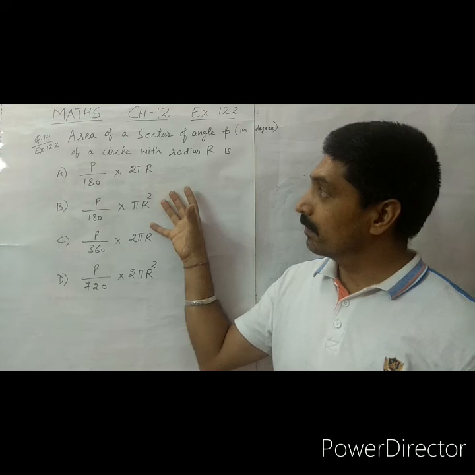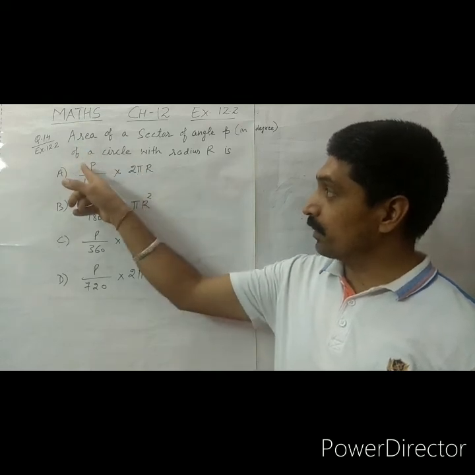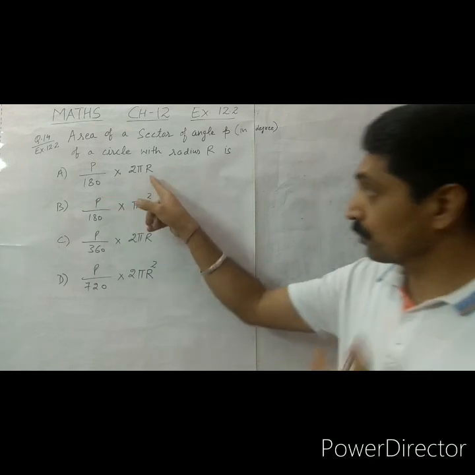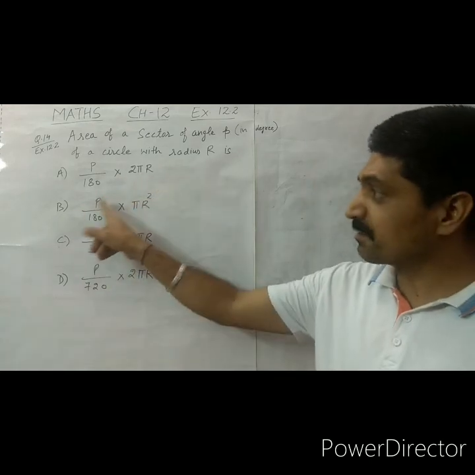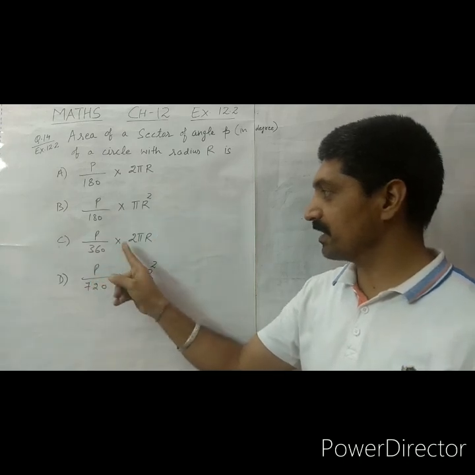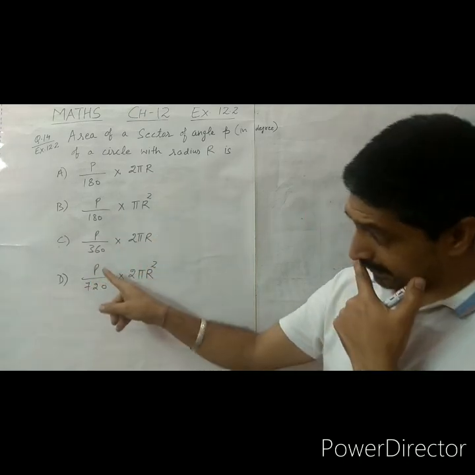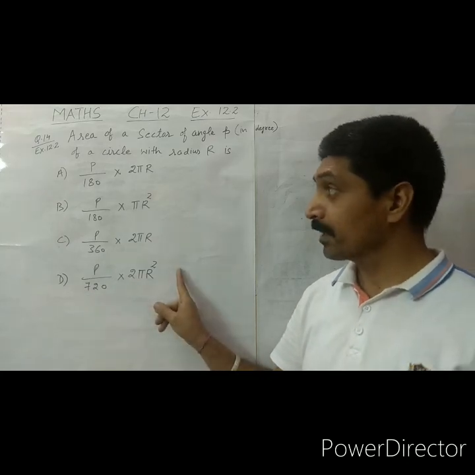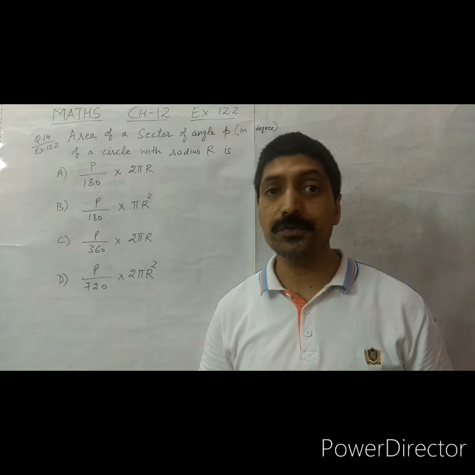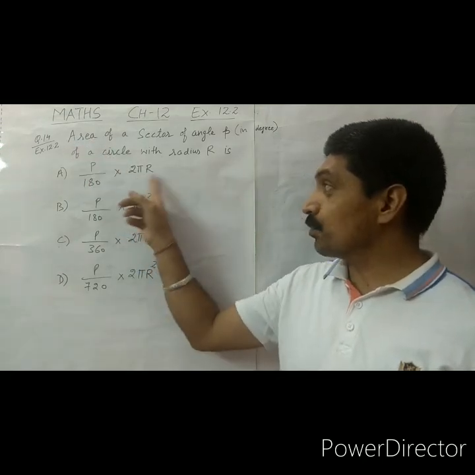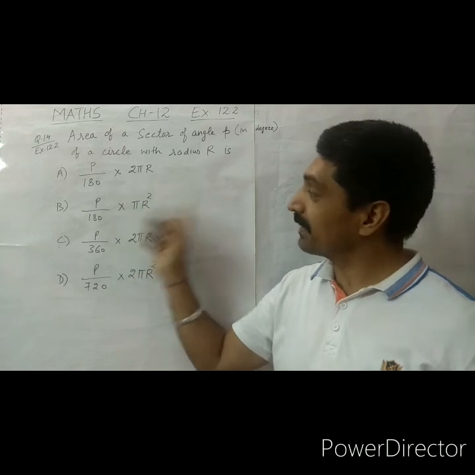So here, first one is P upon 180 into 2 pi r. B is P upon 180 into pi r square, C is P upon 360 into 2 pi r, and D is P upon 720 into 2 pi r. So first of all, we should be very clear with area. Perimeter is 2 pi r and area is pi r square.